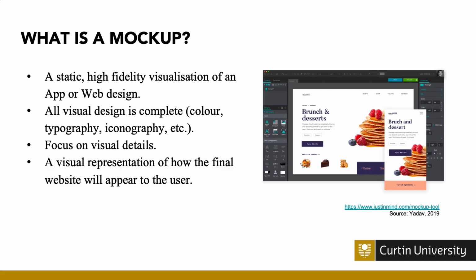Okay? Usually, if you are creating an app or a website design, you will do a mockup that shows a desktop portrait orientation, as well as a desktop landscape orientation, as well as a mobile portrait orientation.